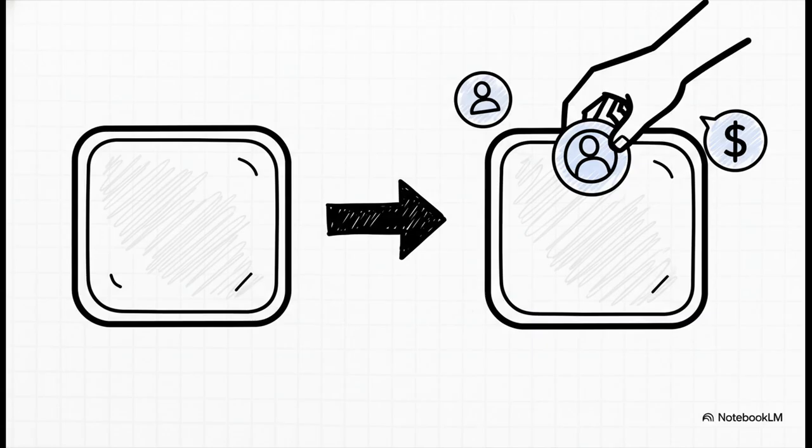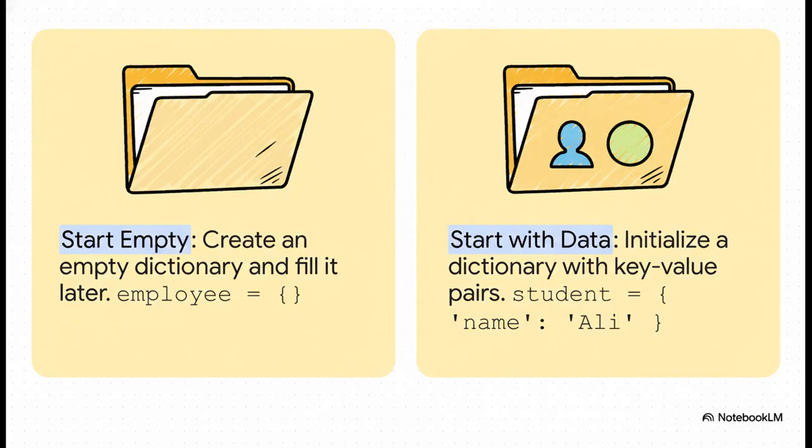This is a really powerful idea. You don't have to know everything from the get-go. You can actually set up your filing system first, just create an empty cabinet, and then start adding the files one by one as you get the information. And here's what that looks like in the code. See on the left, to start totally from scratch, you can just create an empty dictionary with a pair of curly braces.